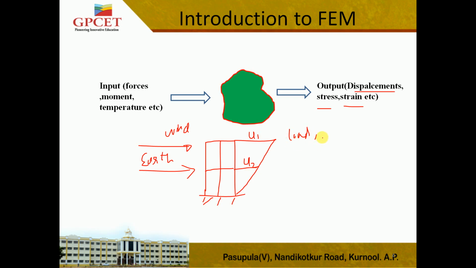Due to these loads, movements will be developed, and when these movements act on the structure, we get the outputs: displacement, stress, strain. As a designer, we have to find these and design the member for those parameters.